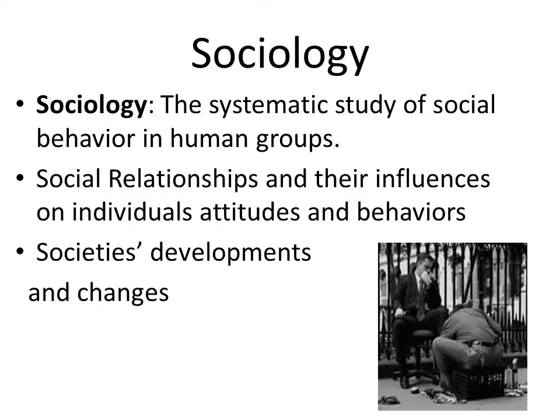Sociology is defined as the systematic study of social behavior in human groups. Through systematic means, sociology has the capability to provide objective and reliable information used to explain how social relationships have significant influences on the development and stability of human attitudes and behaviors.